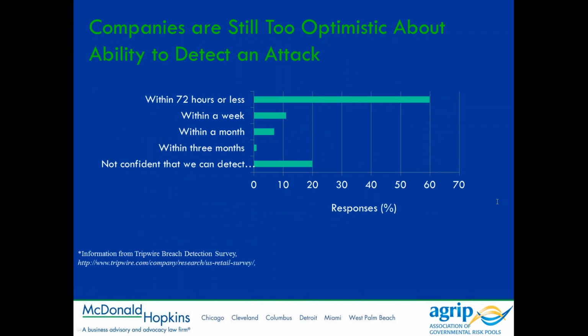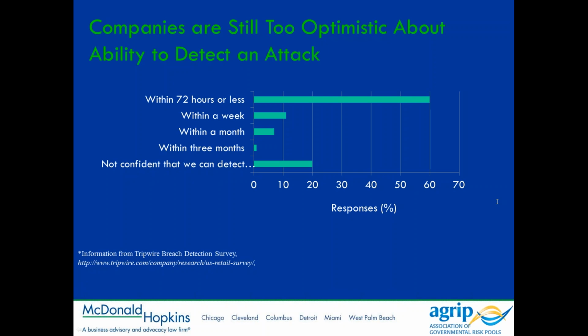So this is a great stat, and we talk about awareness. It's not just the individual's awareness; we also want to talk about organizational awareness. And I am fascinated by these stats. So companies, and this goes to how optimistic they are that they can detect an attack within their organization.